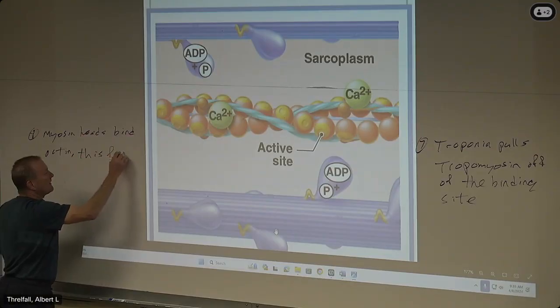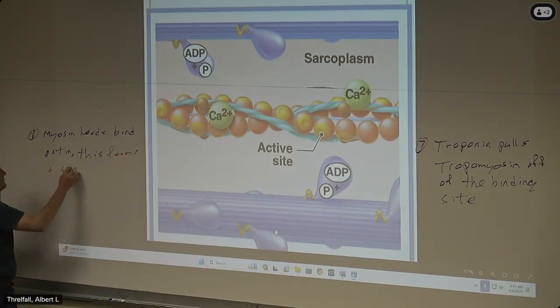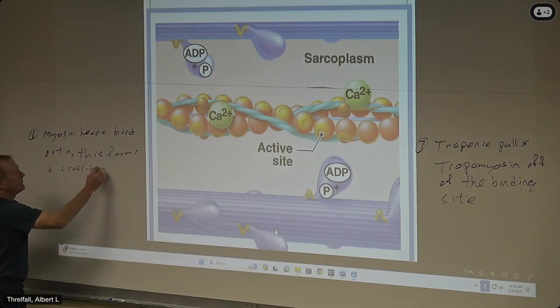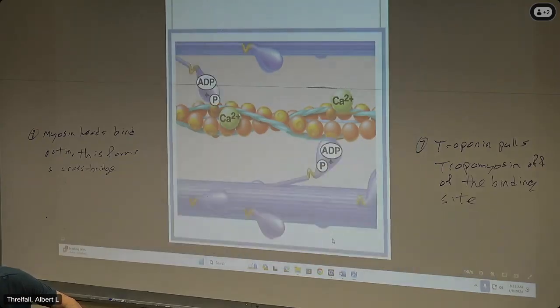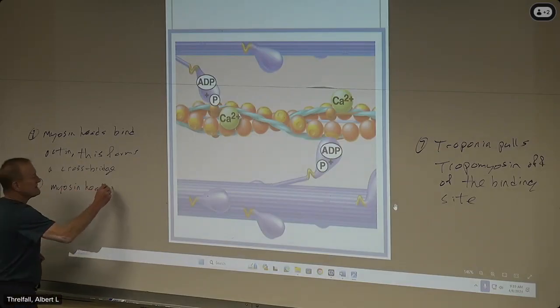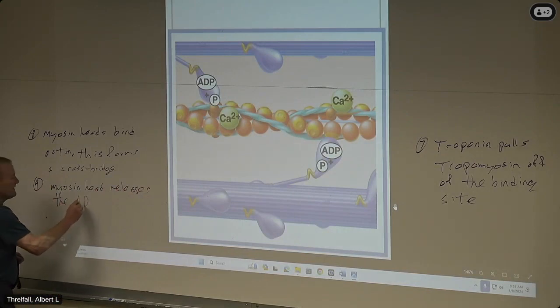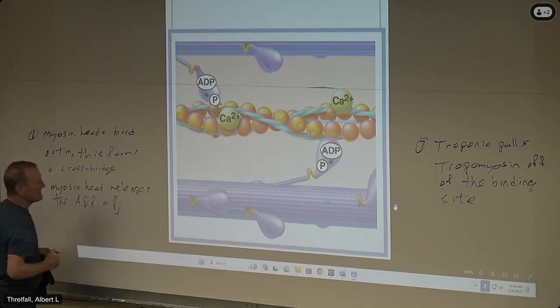This forms a cross bridge. So we have the head attached to actin. That is the cross bridge. The myosin head releases the ADP and inorganic phosphate.